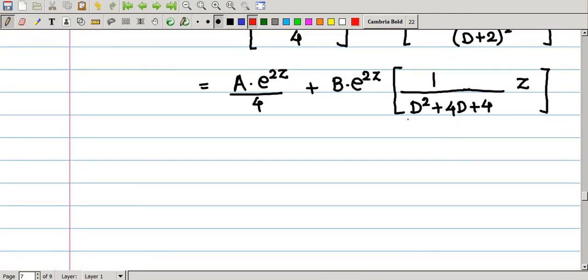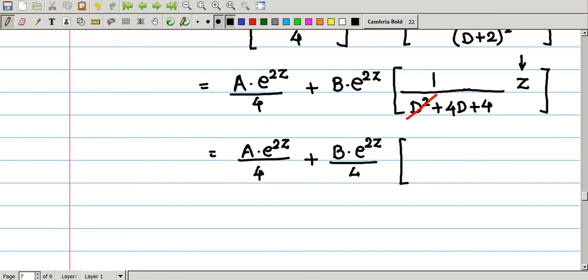You can neglect the terms with D square, since D is the derivative with respect to z, and we can differentiate this function up to order 1 only, and higher order derivatives will be 0. So the first term is a e raised to 2z upon 4 plus b into e raised to 2z. If you take 4 common, the auxiliary equation will be D plus 1 into z.